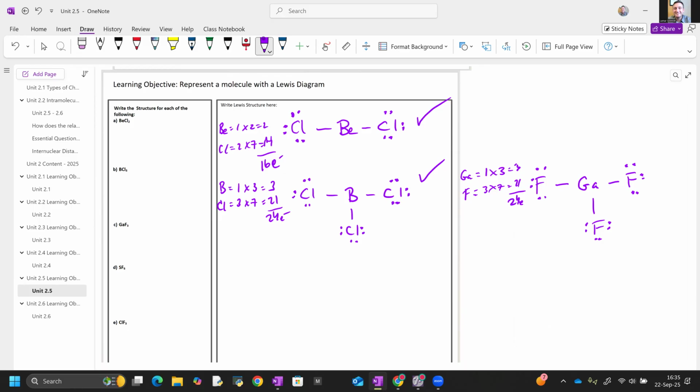I think I counted wrong. 2, 4, 6, 8, 10, 12, 14, 16, 18, 20, 22, 24. We're not going to give gallium an octet because, like boron and aluminum in group 3A or group 13, these form incomplete octets. And so that would be a good structure.